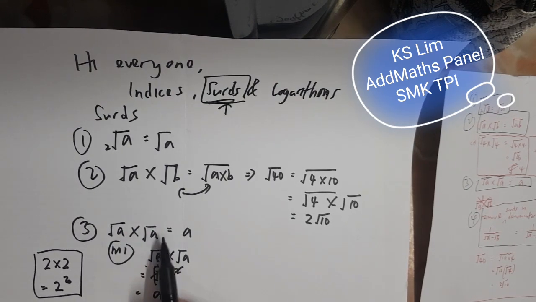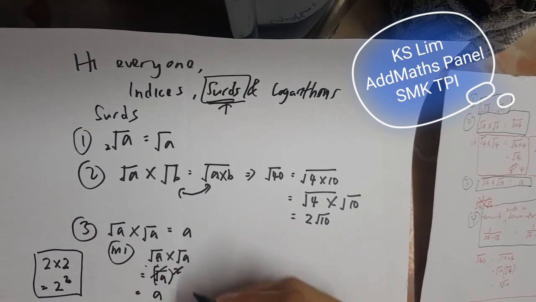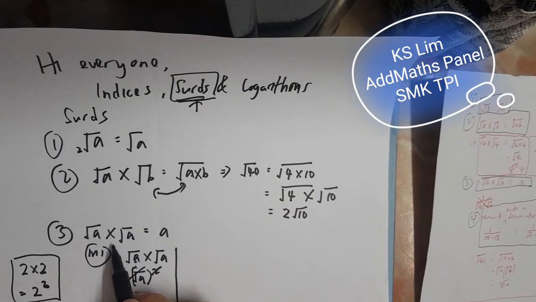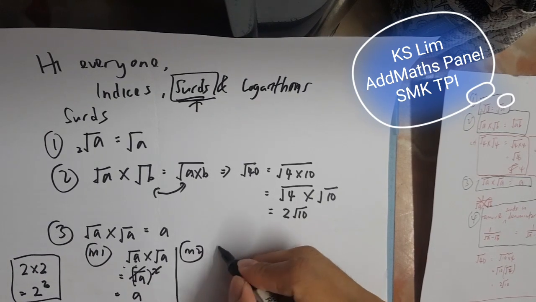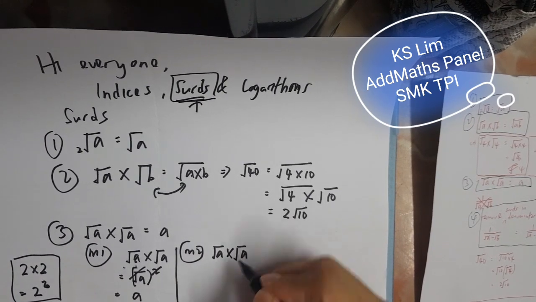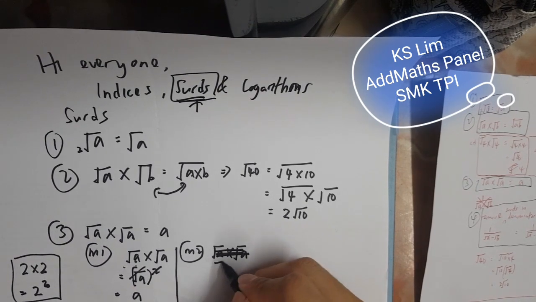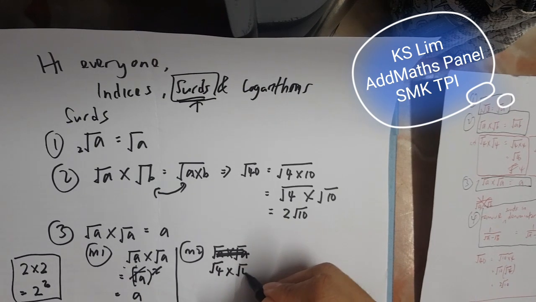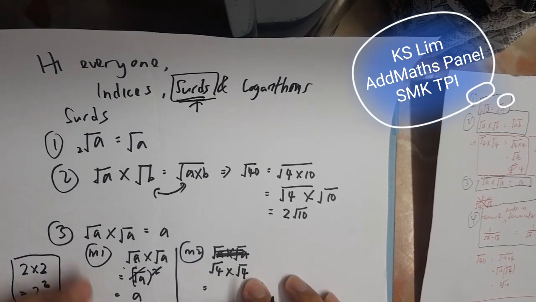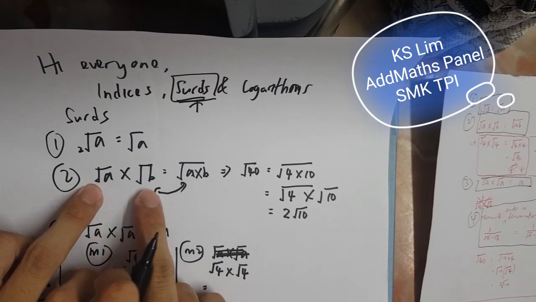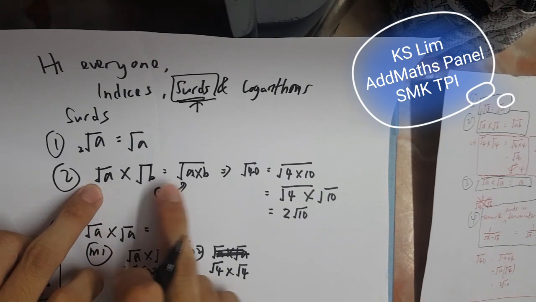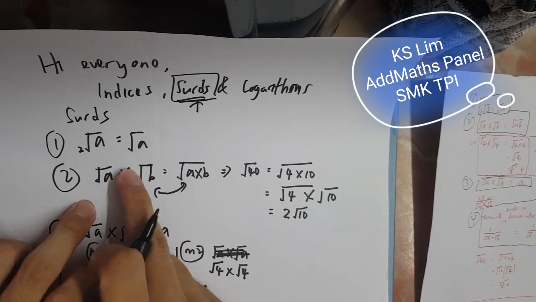Okay, as these notes given, this concept. Then the second method to prove this one, method 2. Square root A multiply square root A. I give you one example like this: square root 4 multiply square root 4. By using this concept, I can combine each other, A times B, as long as the root is same.